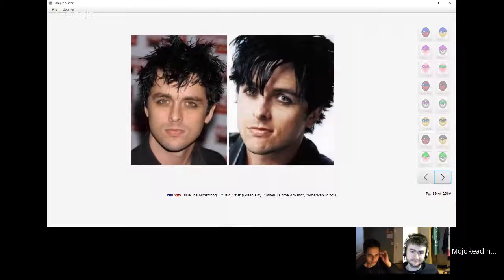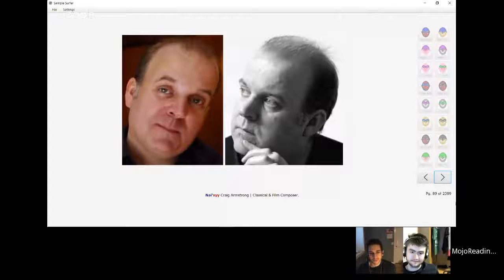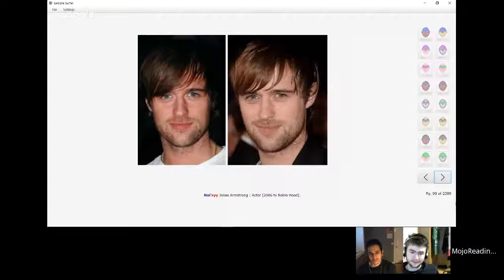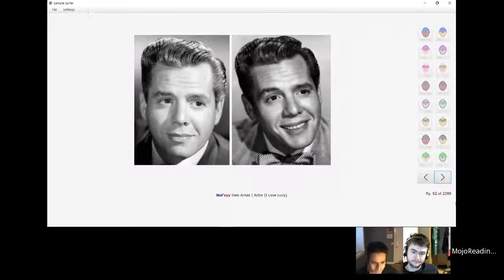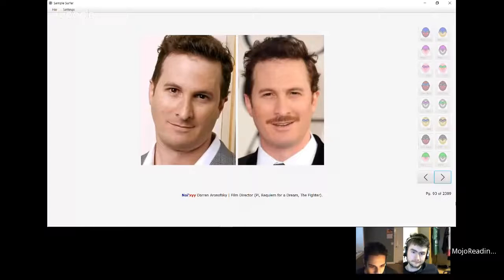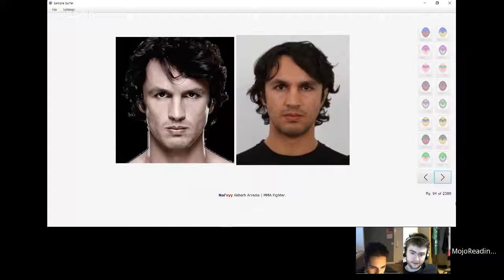Troublemaker. Naiji Billy Joe Armstrong. Naiji Craig Armstrong. Naiji Jonas Armstrong. Naiji Francis Arnaud. Francois Arnaud. Naiji Desionez. Naiji Darren Aronofsky. Naiji Akbar Ariola.